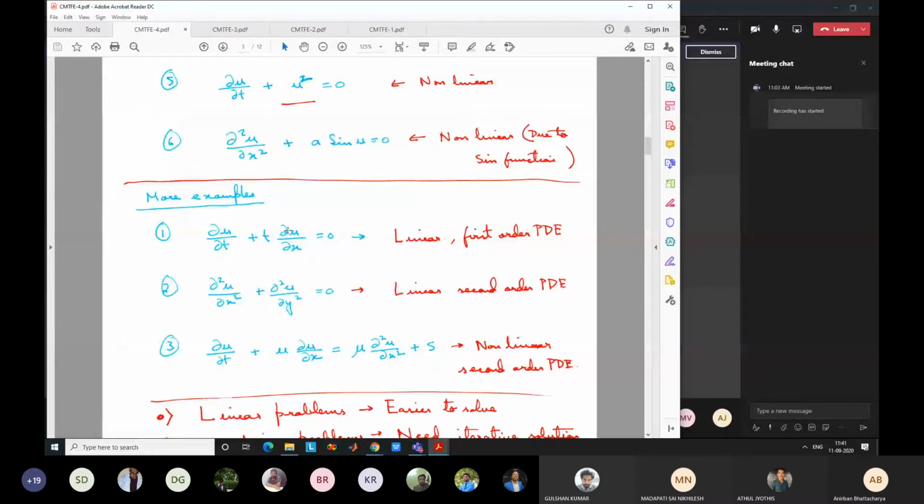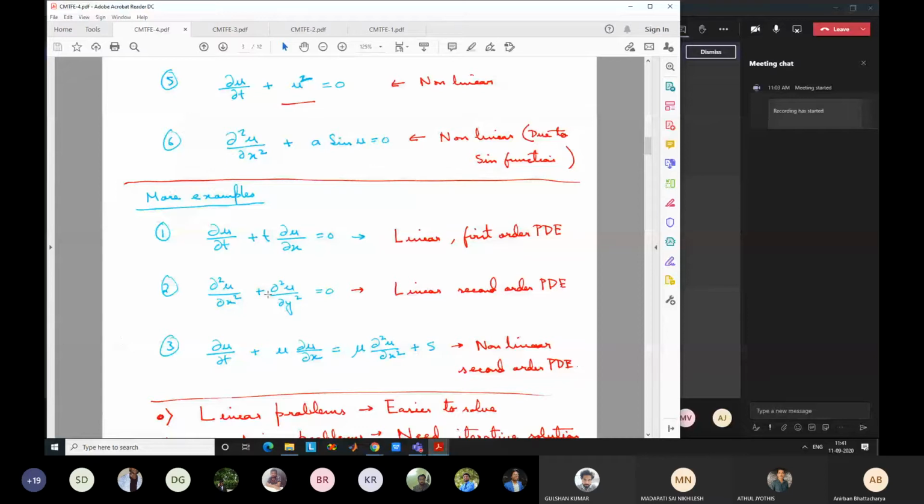This is the Laplace equation, del square u del x square plus del square u del y square equal to 0. This is a linear second order PDE. Linear because both the coefficients are 1, so none of the coefficients have any dependence on u, and the highest order term is the second order term.